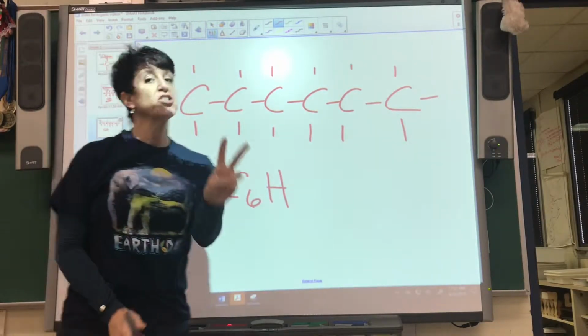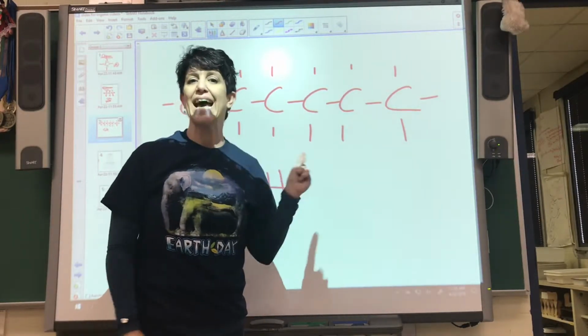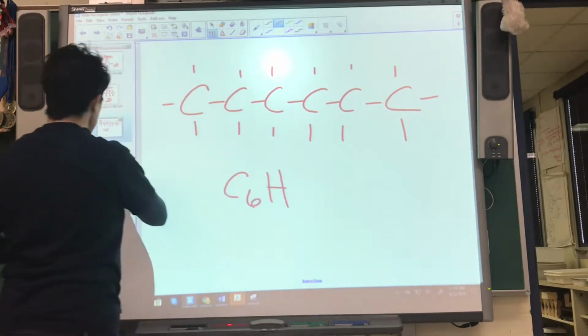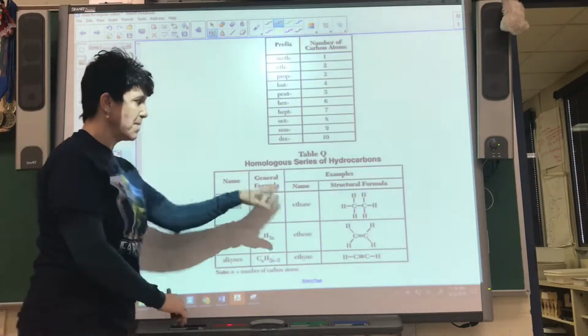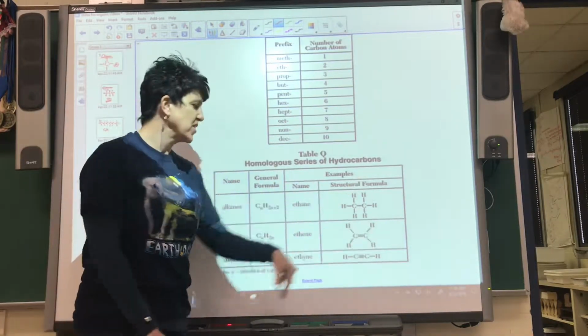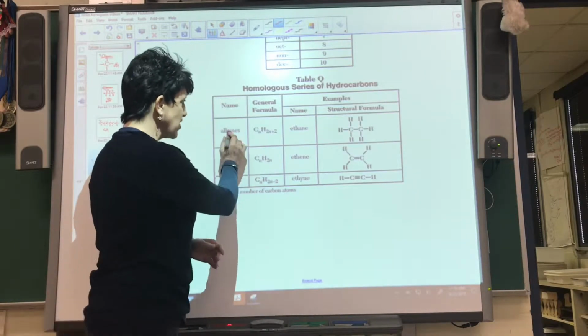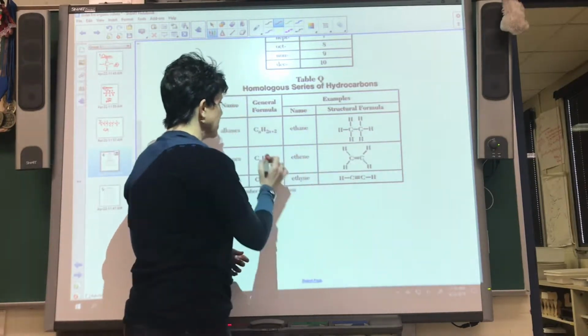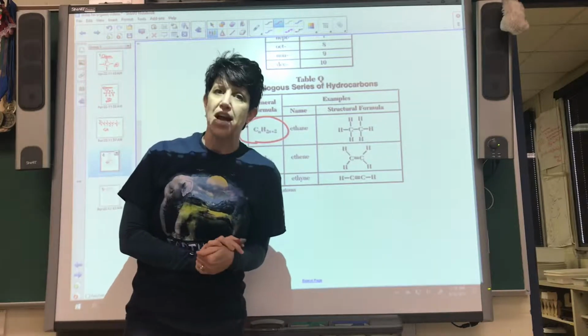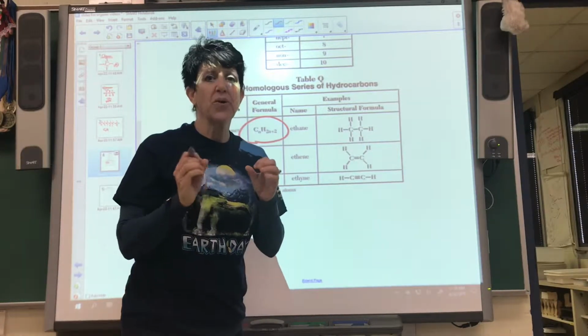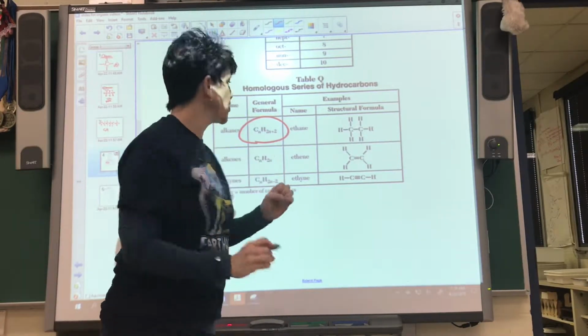C6H. Now, there's 2 ways you can do this. You can either go ahead and count them up, or if I go to my table Q, homologous series of hydrocarbons, and I look at the alkanes because it's all single bonds, this is the general formula. 2N plus 2.